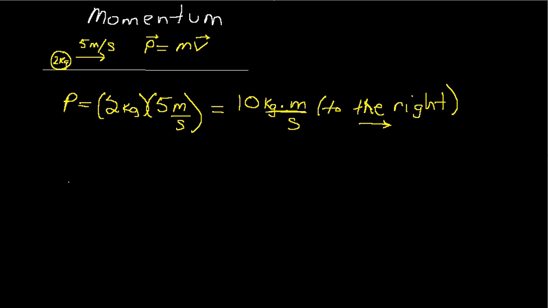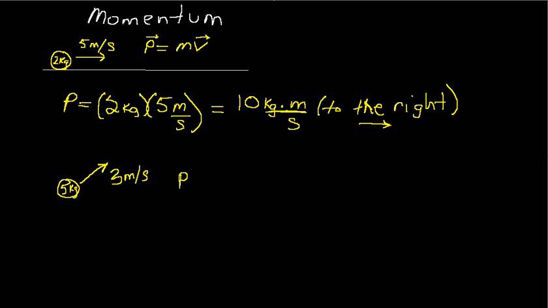Suppose I had some object, and let's say it's 5 kilograms, and it's going to move in this direction at a velocity of 3 meters per second. So the question is, what is the momentum?